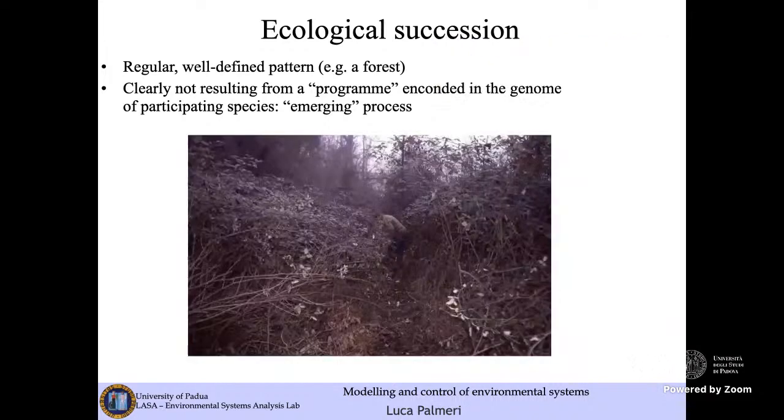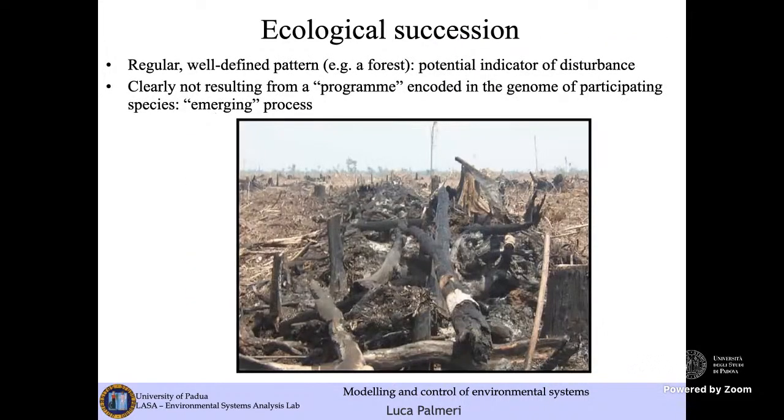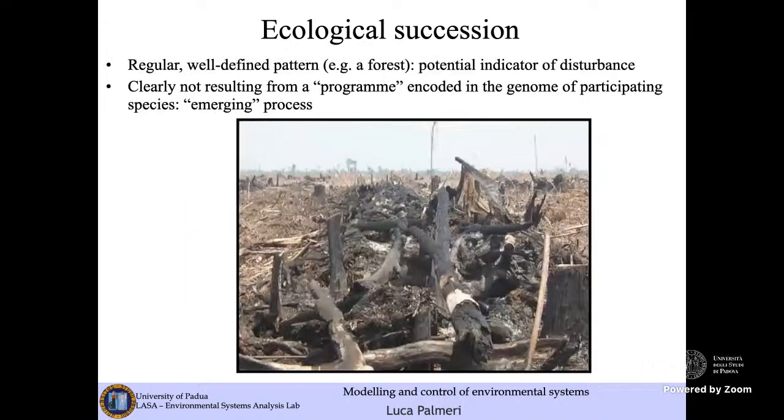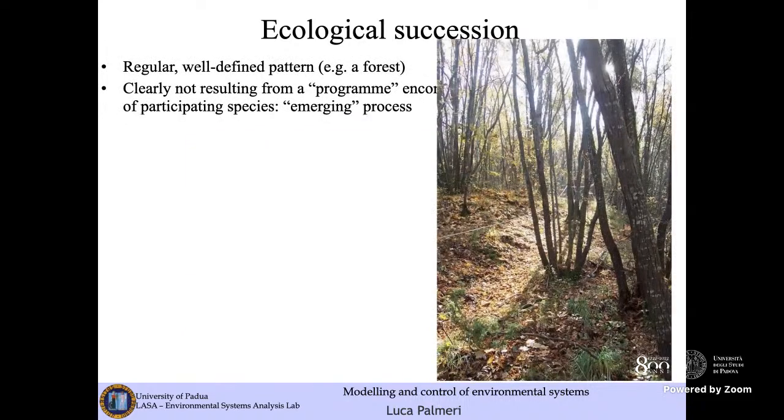So it is a clear example of forest succession: you start from fires that destroy the forest, then you have a regrowth of organisms, and then a rebuilding of the forest or of the wood.